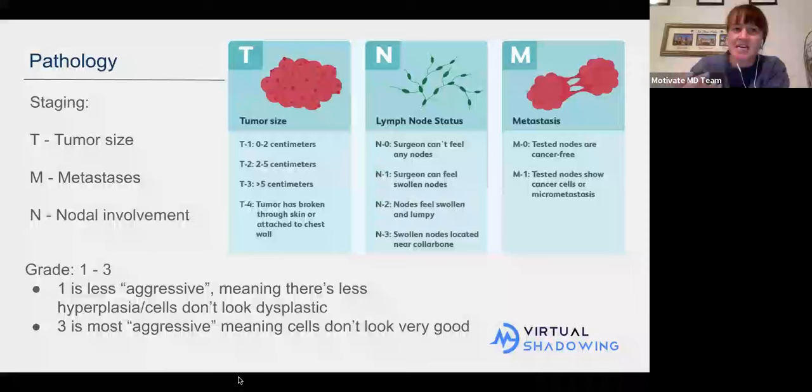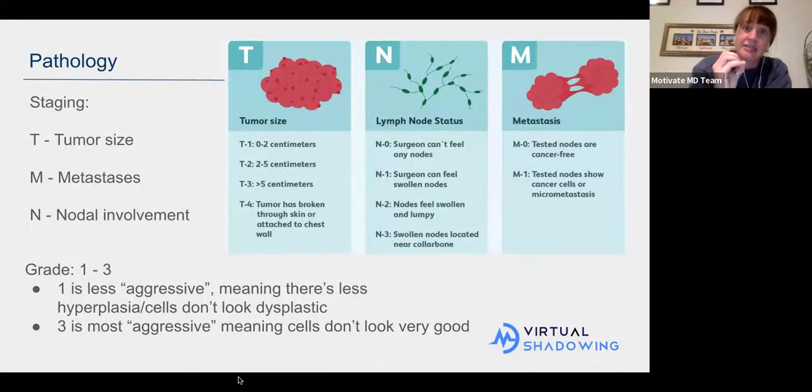Now they're dividing more than they should be. They don't have good ratios between their nucleus and their cytoplasm, and things just look odd, right? So grade can help us understand how the cancer might behave, but it isn't prognostic, not in the same way that staging is. It's really the staging that determines whether or not we think somebody's going to have a good prognosis versus a bad one.